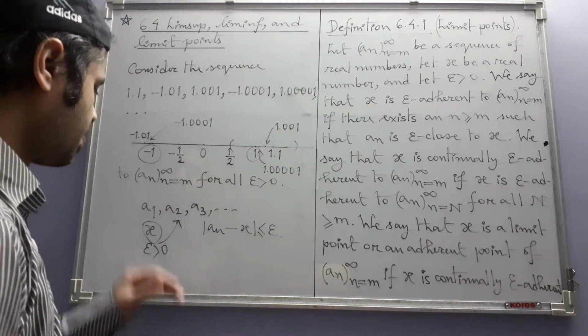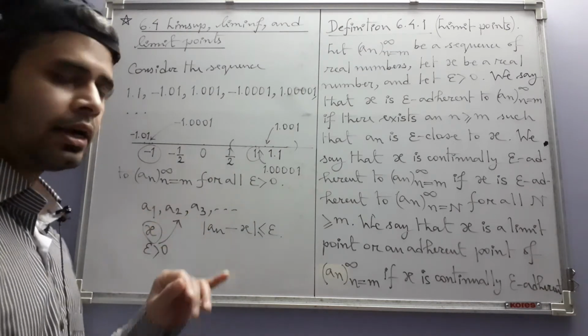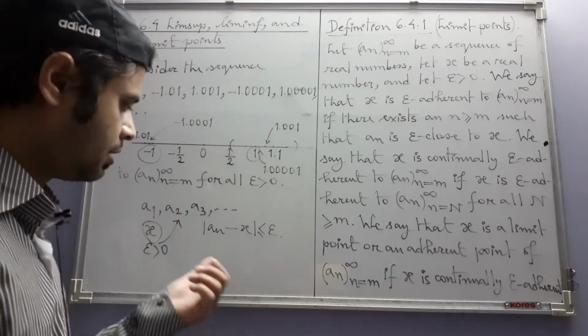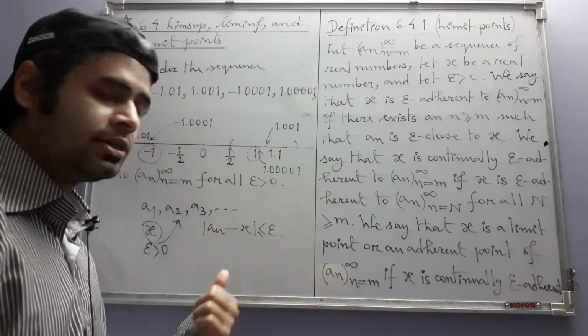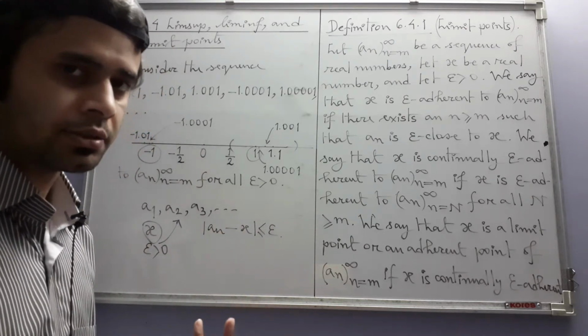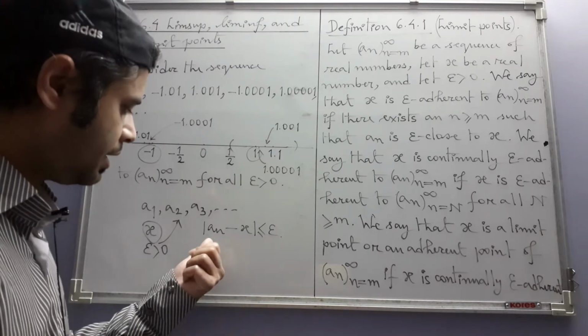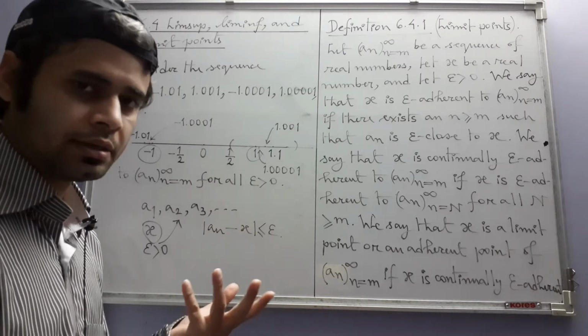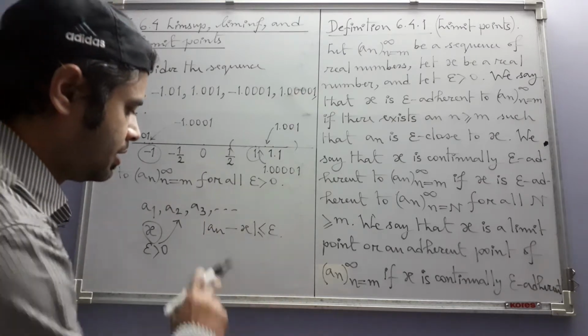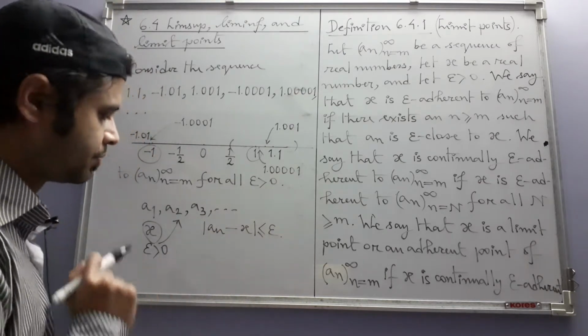That means x is epsilon adherent to the sequence if x is epsilon close to at least one term of the sequence. An being epsilon close to x and x being epsilon close to an, they are the same thing. They just mean this inequality.